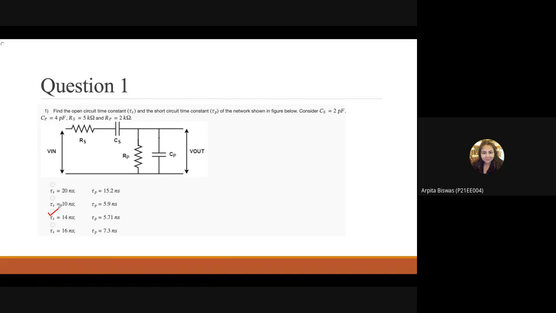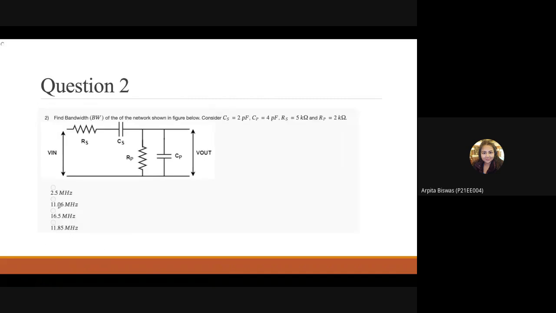Good. So this is question number 2. Find the bandwidth of the network shown in the figure below and consider Cs is equal to picofarad, Cp is equal to 4 picofarad, Rs is 5 kilo ohm and Rp is 2 kilo ohm. Try to solve this.